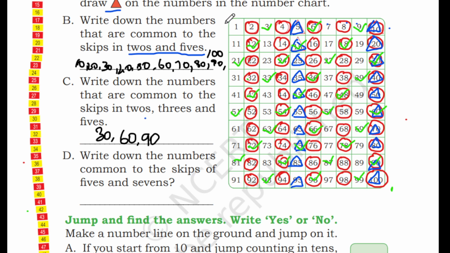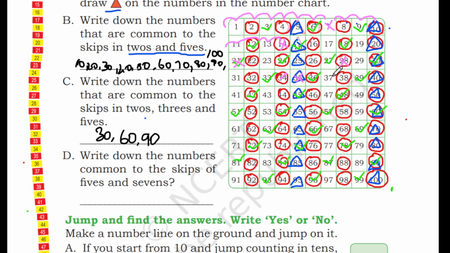So from 0, we have to count 1, 2, 3, 4, 5, 6, 7. So 7 here. Again from here 1, 2, 3, 4, 5, 6, 7. So 14. So likewise, you have to jump. So this one is the 7 tables. Okay, so 14. The next number we have is 21. Next is 28. Then 7 steps, you reach 35.